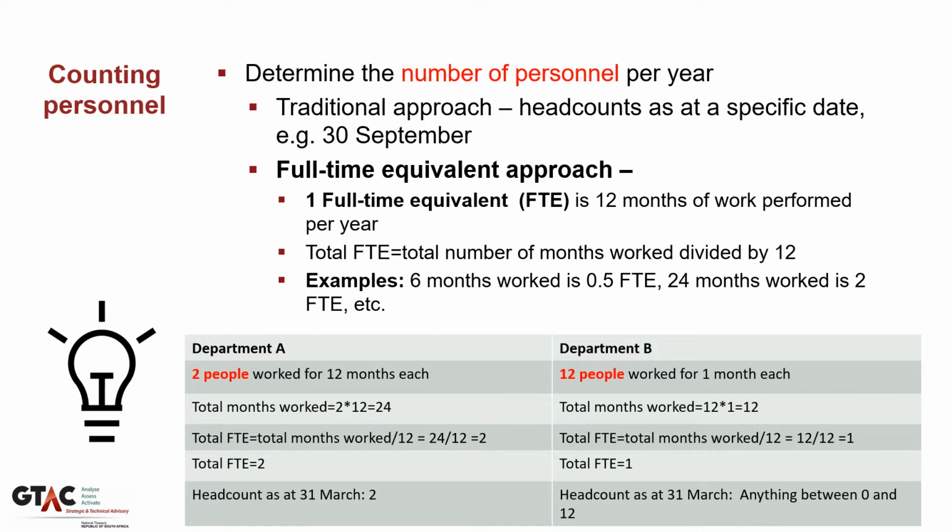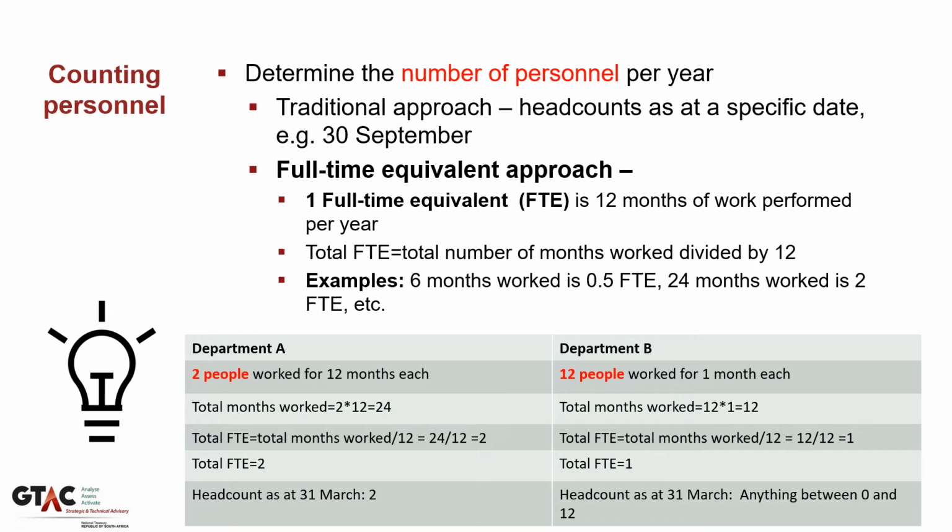The example on the slide shows two departments, A and B. Department A has 2 people who each worked the whole year. So, their full-time equivalent is 2, and the headcount is also 2 for the year. But Department B, on the other hand, had 12 people, each working for 1 month only.